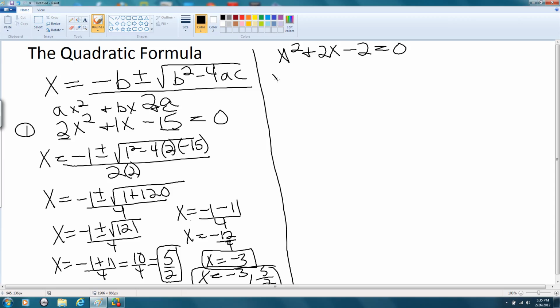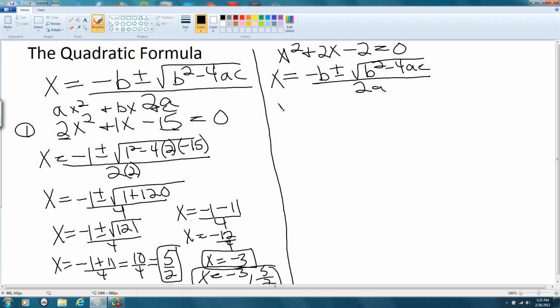So I'm going to go x is equal to the opposite of b plus or minus the square root of b squared minus 4ac all over 2a.